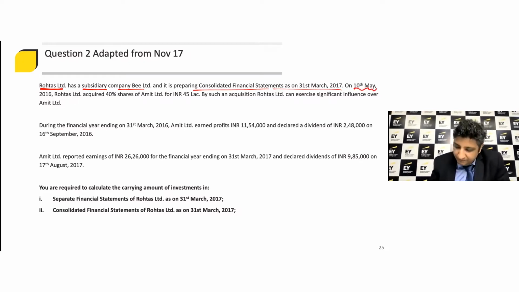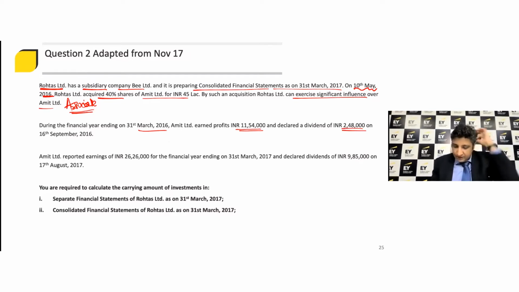On 10th of May 16, Rohtas acquired 40% of shares of Amit for 45 lakhs, and by virtue of this, it can exercise significant influence. So it's safely an investment in associate. During the financial year ended 31st of March 16, so we're talking about the previous year, Amit Limited earned a profit of 11,54,000 and declared a dividend of 2,48,000 on 16th of September 2016.